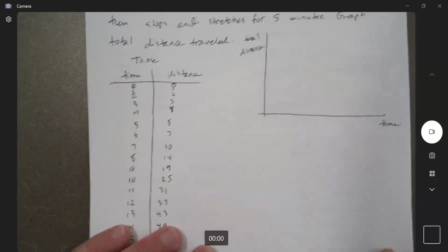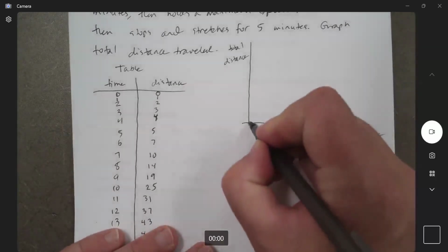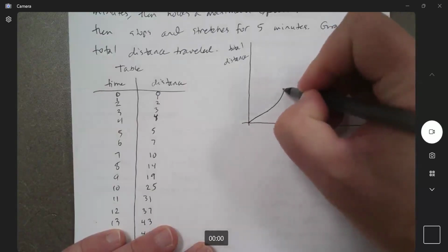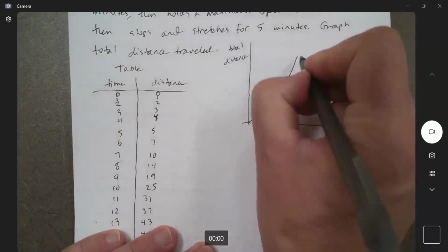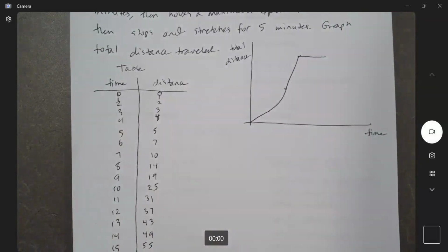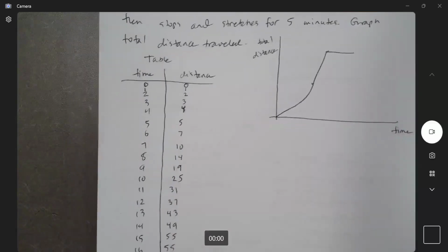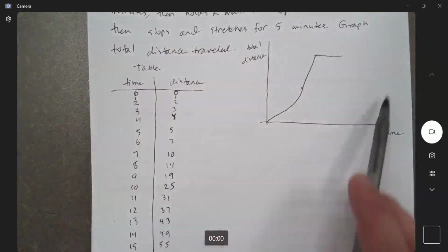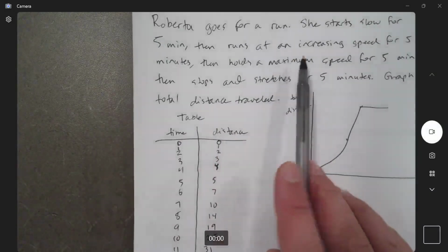Now I can bring that over and plot it on my graph pretty easily. So it starts straight, then it curves up, and then it goes straight, pretty steep up, and then it goes across. A lot of times when you go from a verbal description to a graphical one, you're fortunate to have more details in the verbal, right?